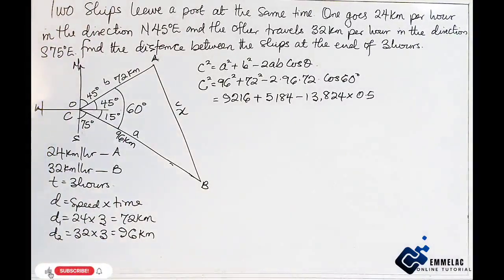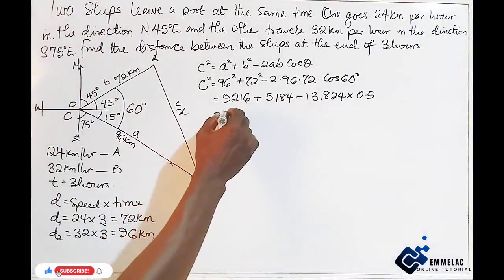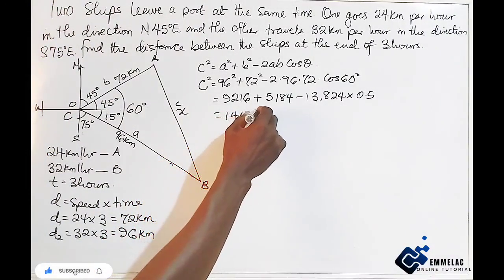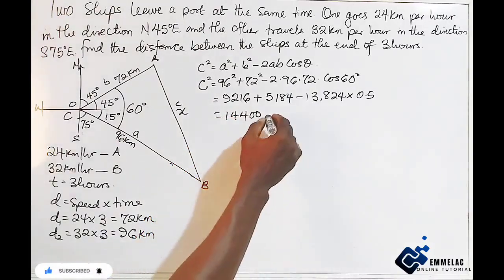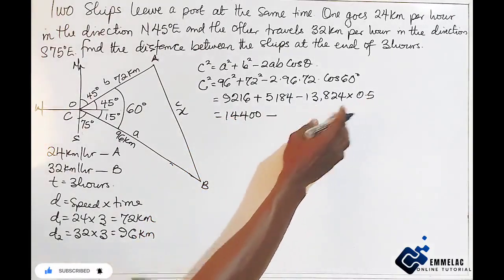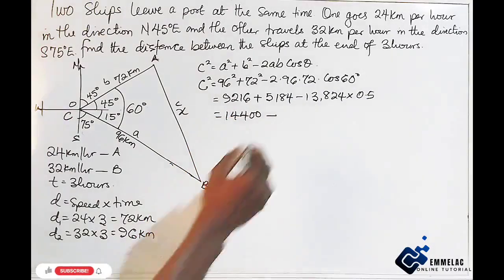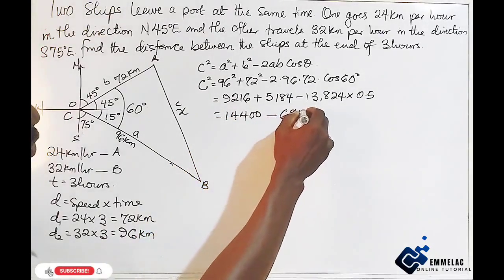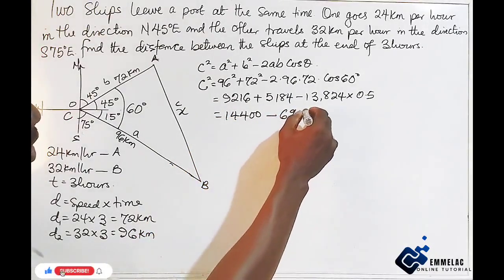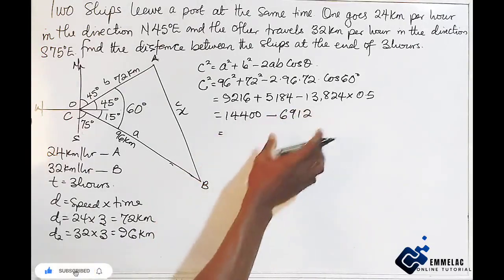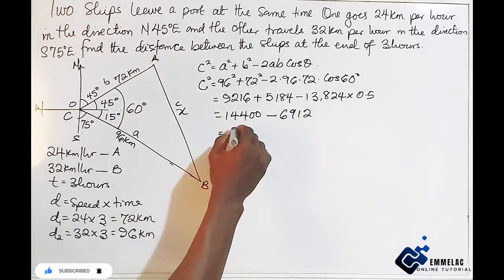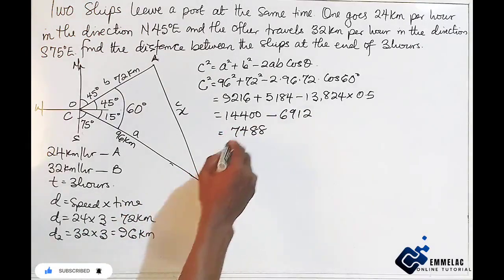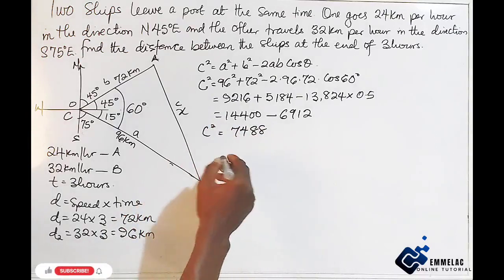When we add these together, we have 14400 by my calculator. Now minus 6912, and when you subtract this, you have 7488. Now let us square root both sides.